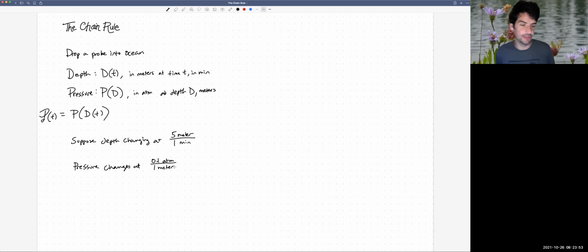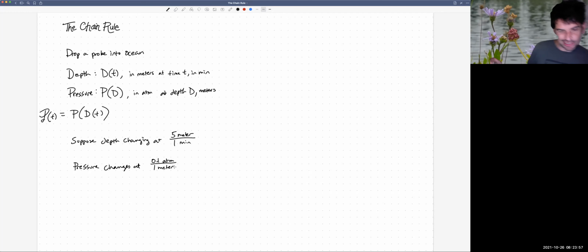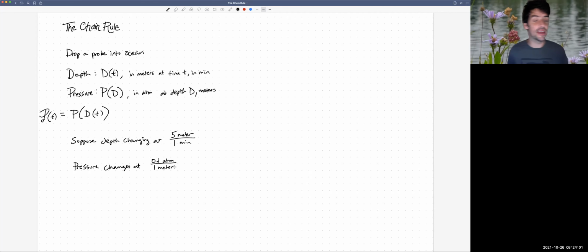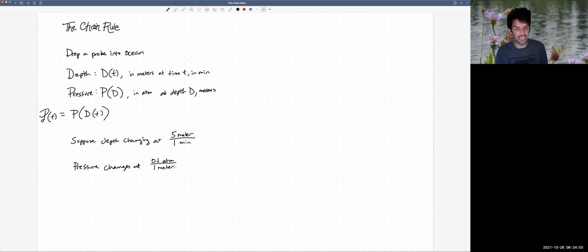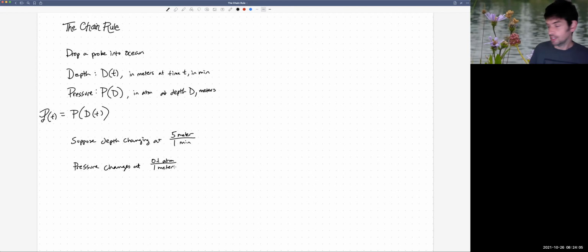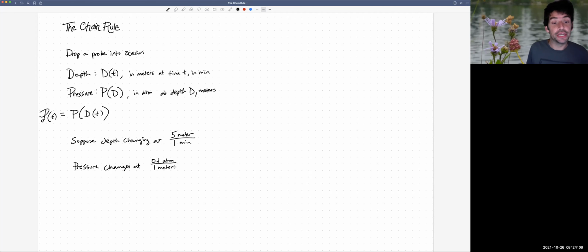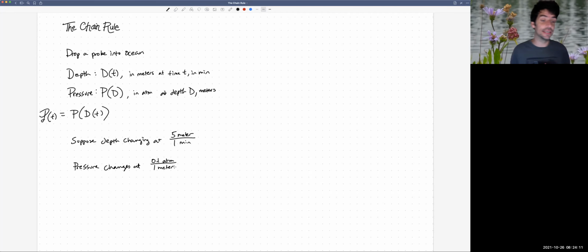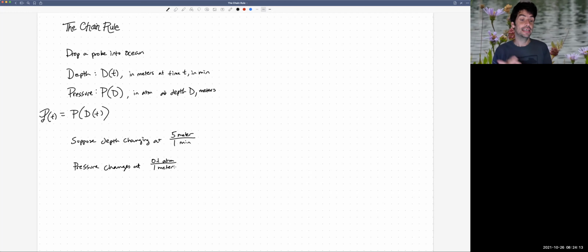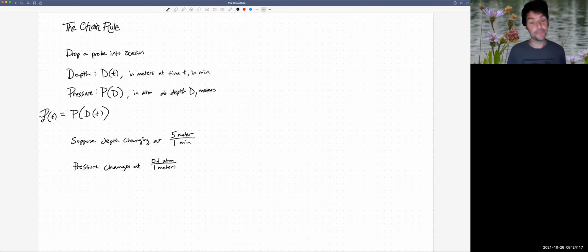I don't know that much about the dynamics of the ocean, but I looked it up and there were some decimals and things, but I made it simple. So about 1/10 of an atmosphere every meter. Okay, let's just take that as true. So every gain of a meter of depth leads to a gain of 1/10 of an atmosphere of pressure, okay?